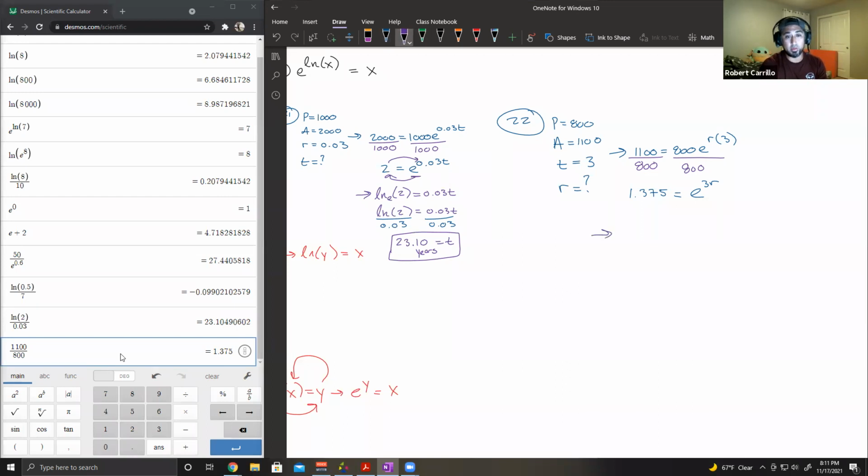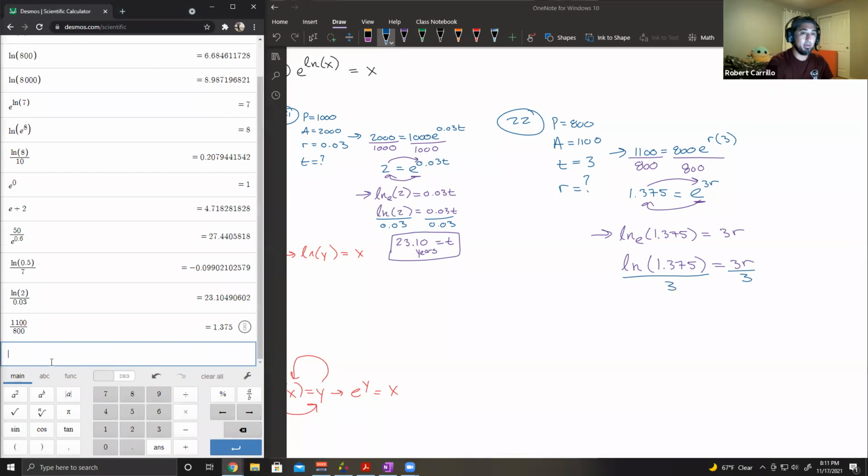So when we convert, there's that base E, natural log base E of the outside number of 1.375 set equal to the exponent of 3r. Okay, everything's nice and cleaned up. So just rewrite this as the natural log of 1.375 equal to 3r and divide by 3.